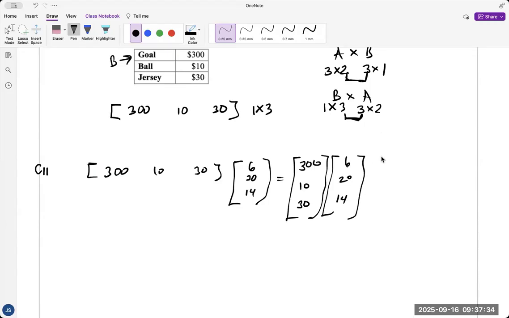So it's 300 times 6, 1800. Then 10 times 20, 200. 30 times 14. Well, 3 times 14 would be 42, and that was a 0, so 420. And then we would add those all together.